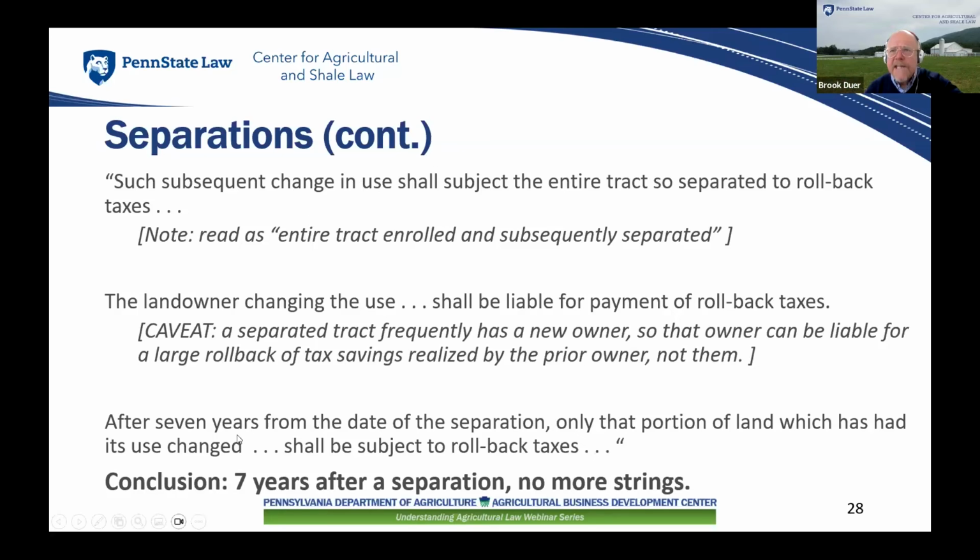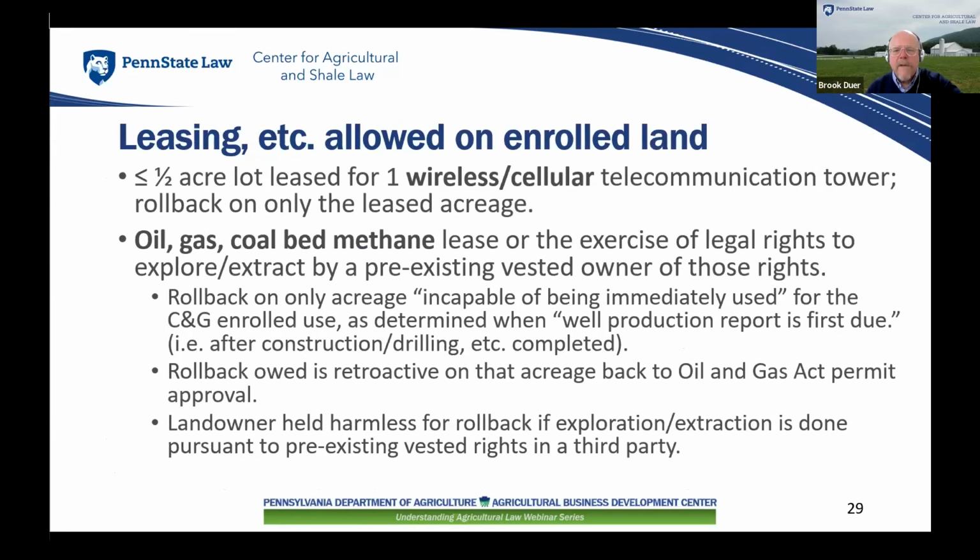The person who's changing their use still has to pay rollback on theirs after 7 years. If they do it before 7 years, they have to pay the rollback that essentially was on the entire parcel, or for the entire parcel that their piece came from. So hopefully I explained that well enough. Sorry, maybe it's a little bit late in the webinar for me to be as clear as I should be.